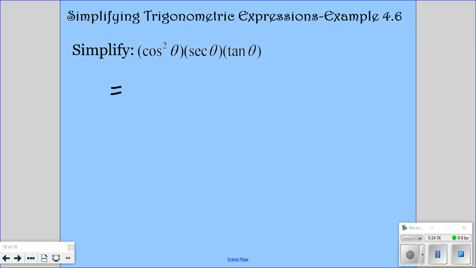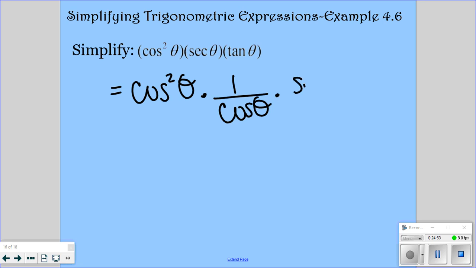That's already in terms of either sine or cosine. So we're going to leave it as cosine squared of theta. Secant could be written as 1 over cosine. So we're going to turn it into 1 over cosine. And then tangent, in terms of sine and cosine, would be sine of theta over cosine of theta.